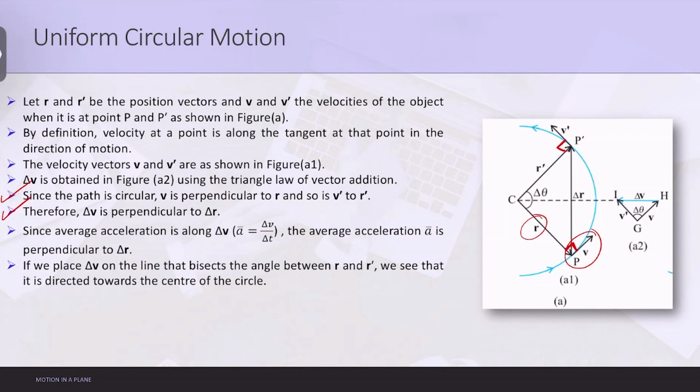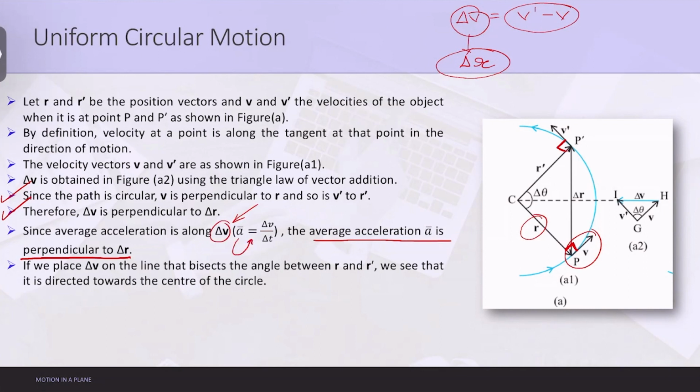Right? Because we know delta V is nothing but equal to V dash minus V. Because these are perpendicular to their respective radii, delta V will be perpendicular to delta r. Therefore, since average acceleration is along delta V, the average acceleration a bar will be perpendicular to delta r.